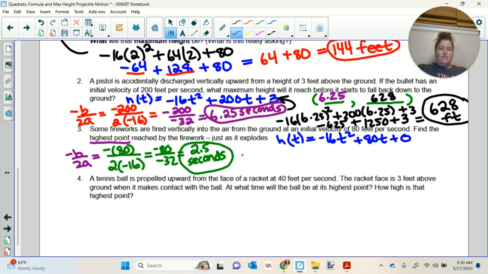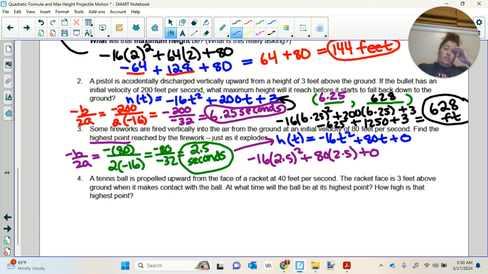2.5 seconds we would then take and plug into our equation to figure out how high it actually goes in that time, because that's our time. It goes in 4t. And you're welcome to type that all in your calculator at once, but I'm going to do it a piece at a time.